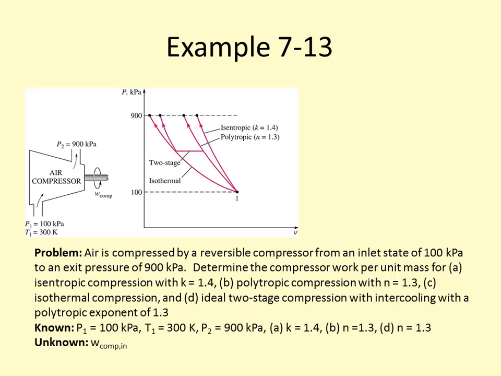Sorry, this is not kilojoules per kilogram, it's kilojoule. A kilojoule is equal to a kilopascal times meter cubed. Okay, so 1 BTU is equal to 5.404 psia times feet cubed.